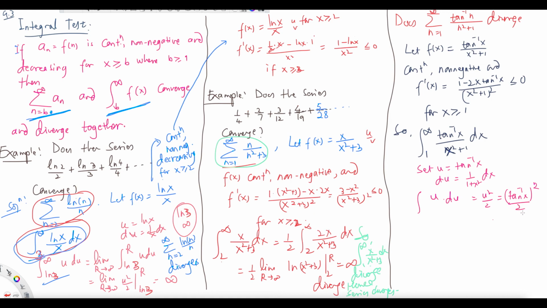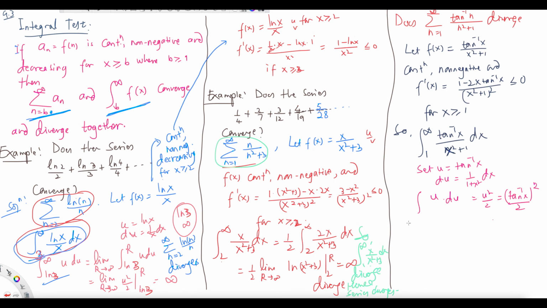You see that? Now you can change the limit and do that. Or if you don't know what tangent inverse infinity is, that is pi over 2. Tangent inverse 1 is pi over 4, right? So if you don't know that, then you will have to do it this way. Okay, you can change the limit or do it this way, not a problem.